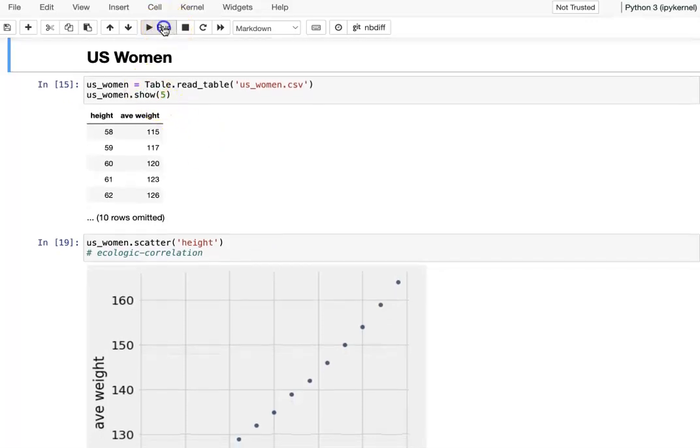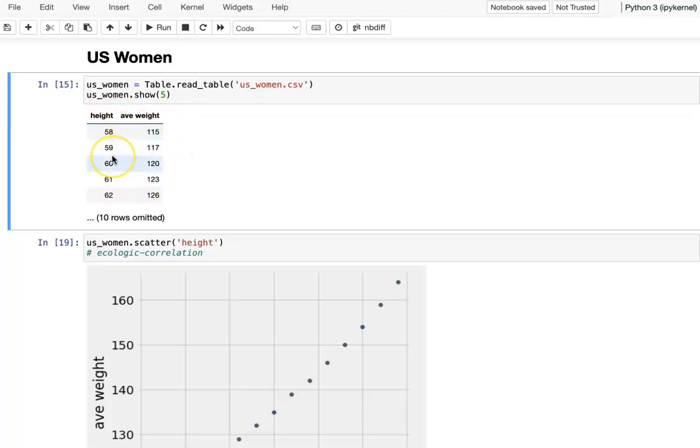If you run this table, you will find we have 2 columns, and we only have a total of 16 data points. That's the US women's height from 58 inches to 72 inches. But you can see they only have one weight. On the other hand, this weight is the average weight.